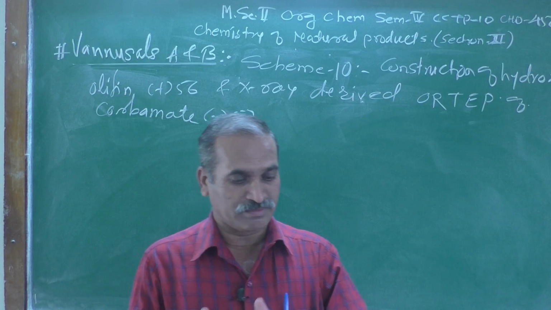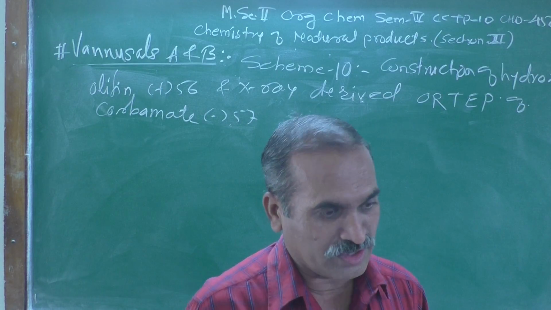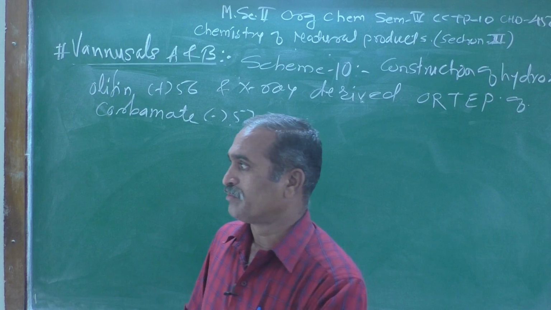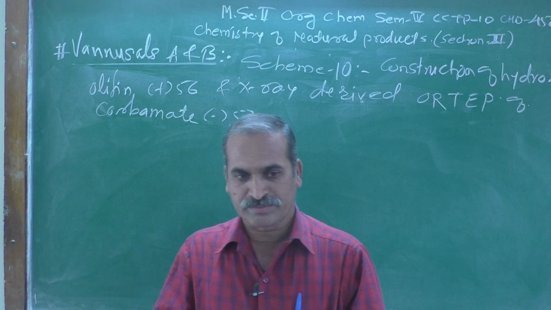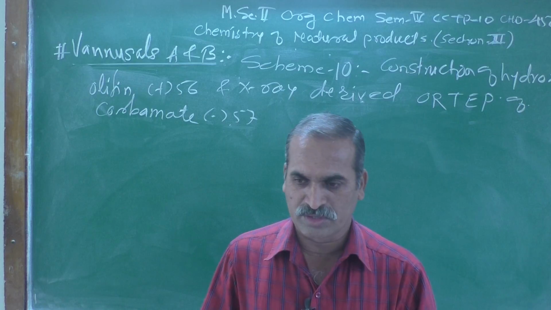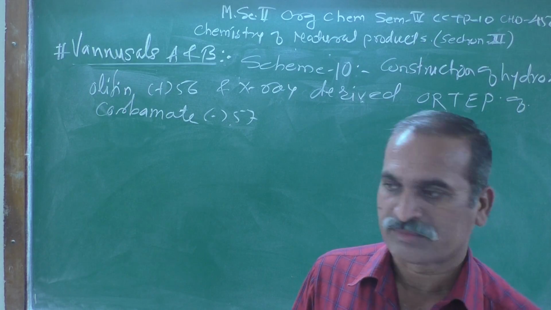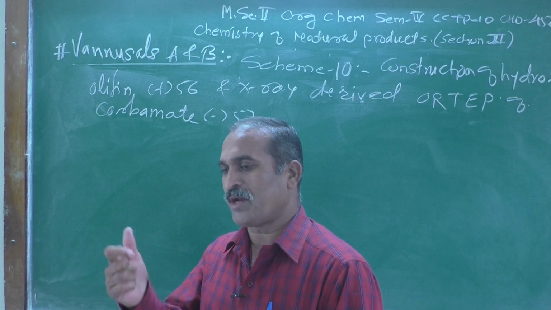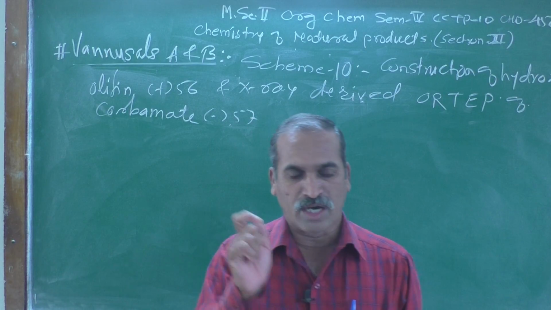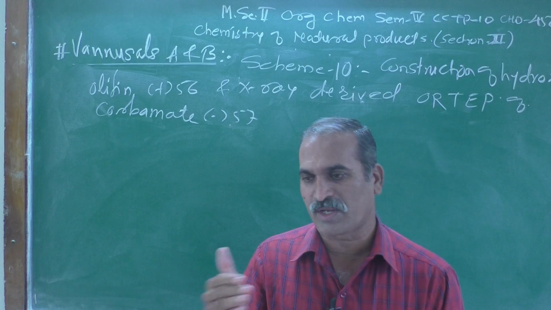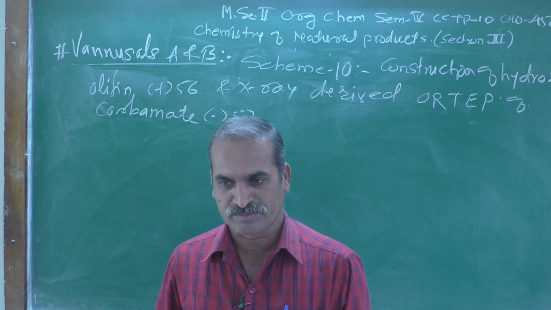The Martin sulfurane is used for the conversion of secondary and tertiary alcohols: dehydration takes place and we get olefins.